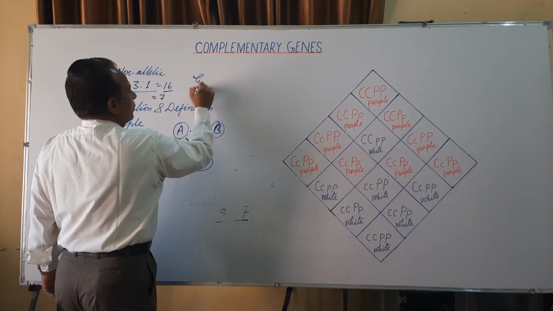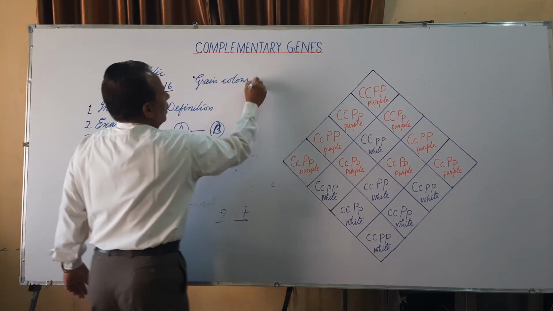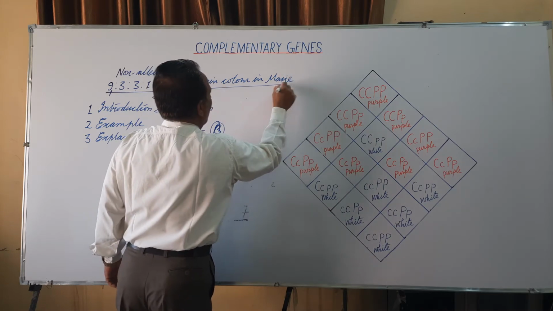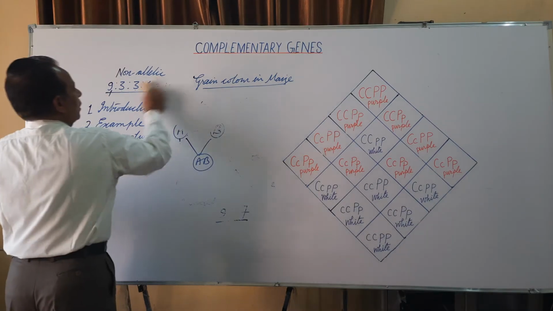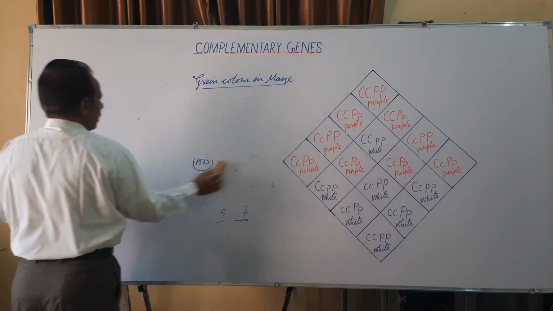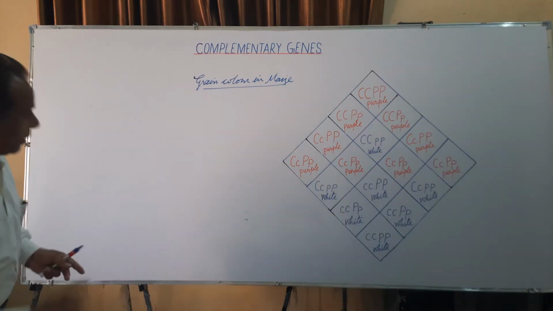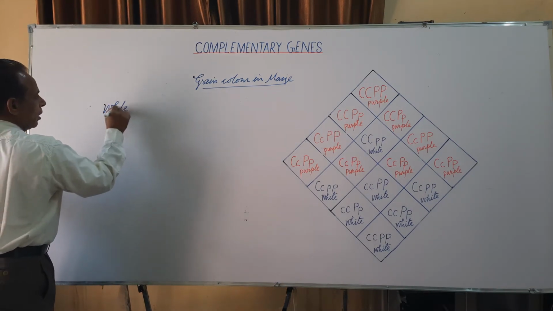Grain color in maize is a good example of complementary gene interaction. In the maize plant, the grains are of two types, white and purple.